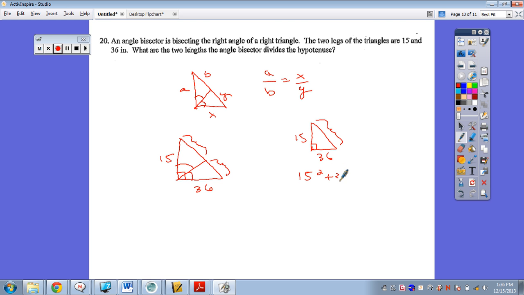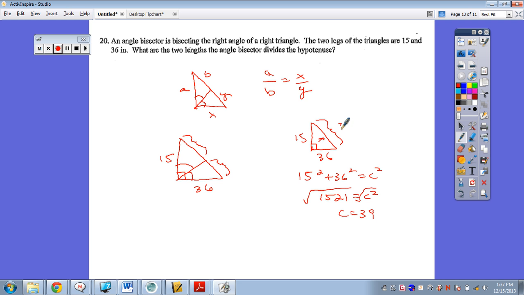15 squared plus 36 squared is going to equal c squared, the side across from the right angle. 15 squared plus 36 squared is 1521. Take the square root of both sides, and you are left with c is equal to 39.